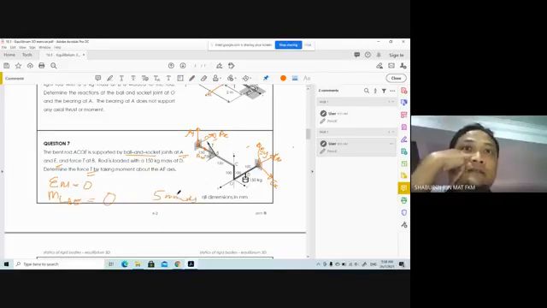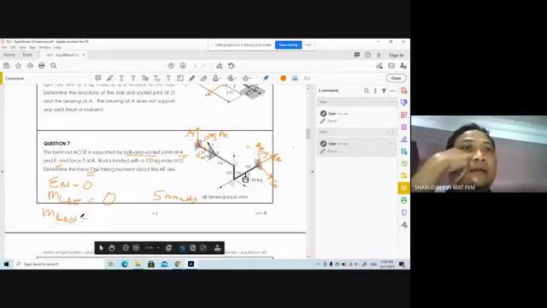What is your requirement to get the moment about a line? Moment about line AE is equal to what?